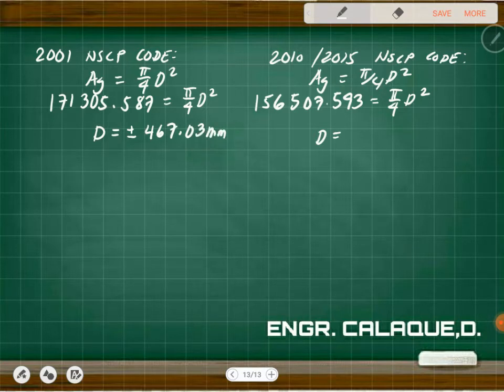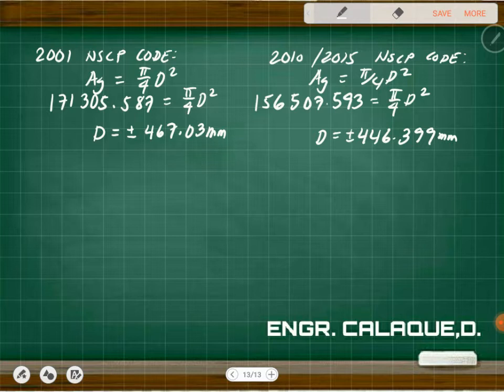And then, yung isa is 156,507.593. So, that is plus minus 446.399 millimeter.